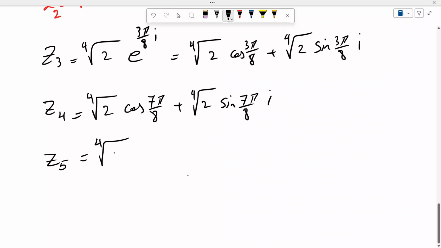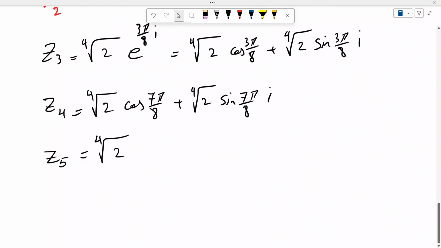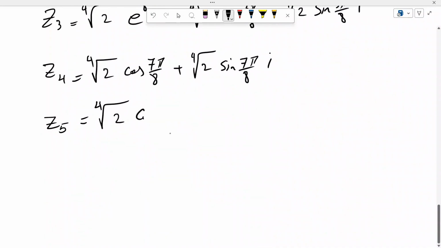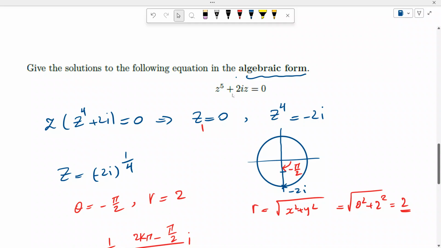And this is the fourth root of 2. If k is 3, we have 4 times 3 minus 1, 11 pi over 8: cosine 11 pi over 8 plus, again, the fourth root of 2 sine 11 pi over 8 i. So these are 5 solutions for this equation. Equation of degree 5, z to the 5 plus 2i times z equals 0.